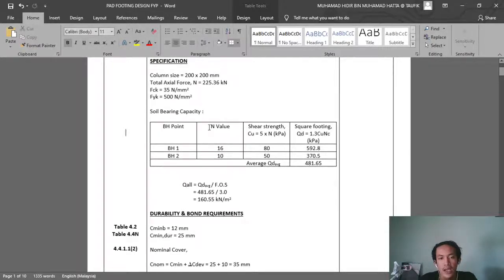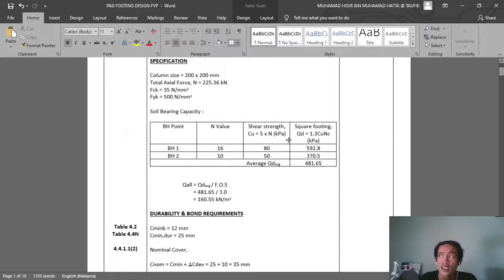From this N value, we need to calculate the shear strength, cu, using this formula, 5 times N. Then we got 80 and 50, and we need to calculate qd. qd uses the formula 1.3 times Nc. What is Nc?